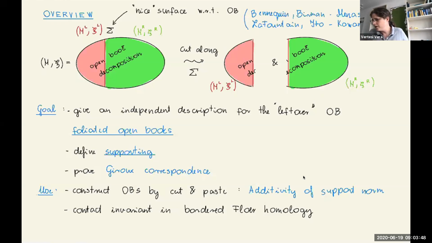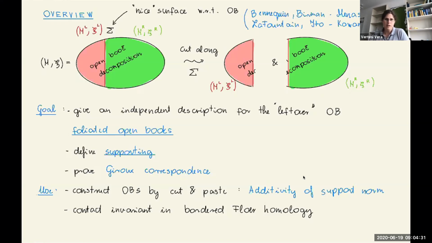So first of all, the idea of what this nice surface is goes back quite early. The main idea appeared in the PhD thesis of Bennequin, where he proved that the standard contact structure is not overtwisted. And then later, Birman and Menasco used these ideas of open book foliations for proving results about braids.